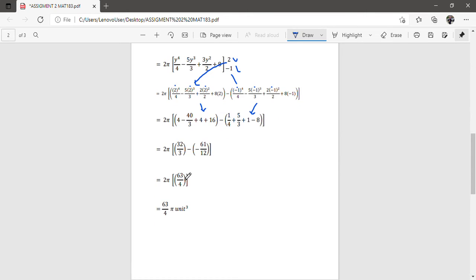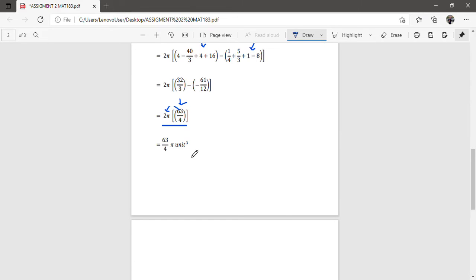And then we simplify it, we will get 63 over 4. And then here we will need to multiply it with 2. So the answer is 63 over, should be 2. Okay. So the final answer is 63 over 2 unit square. Thank you.